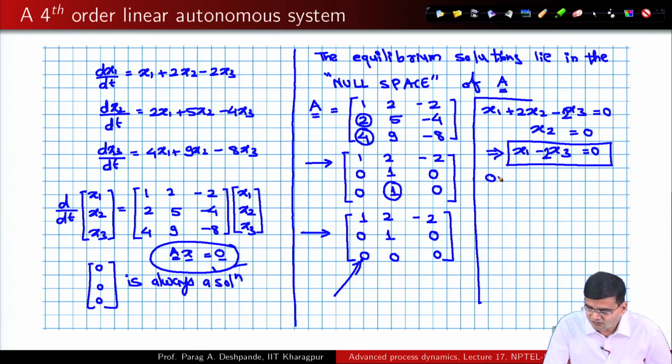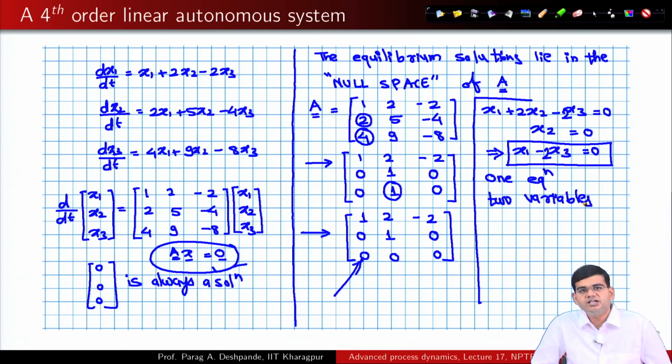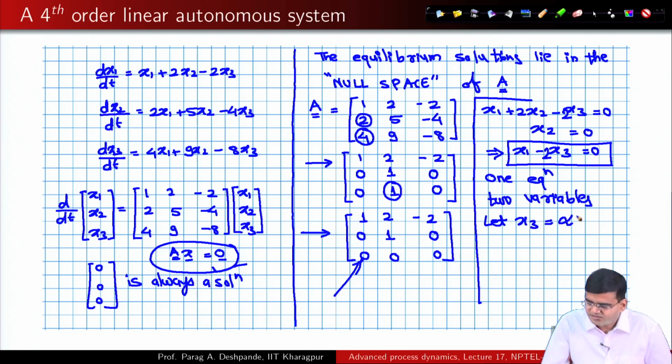So, I have one equation and I have two variables, which means now I can arbitrarily set one of the variables and that would fix the second variable. So, I say let x3 is equal to some arbitrary constant alpha.